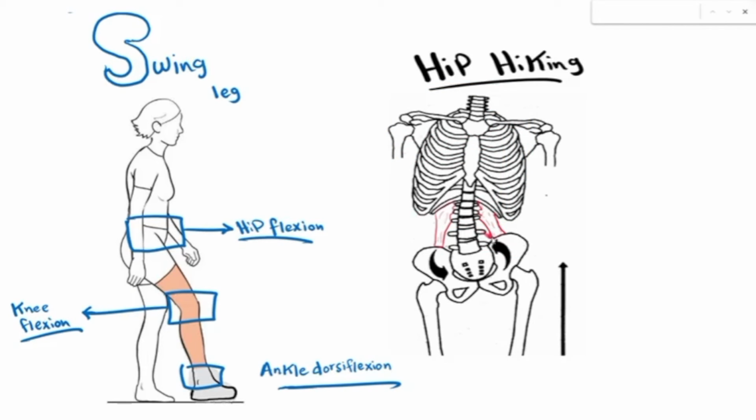Hip hiking is produced by the weakness in the knee flexion, or weakness in the hamstrings, and also the action of some of the abdominal and spinal muscles that will try to pull the leg. As you know, the main goal in the swinging leg is to shorten the leg so we can swing it and don't hit the ground.